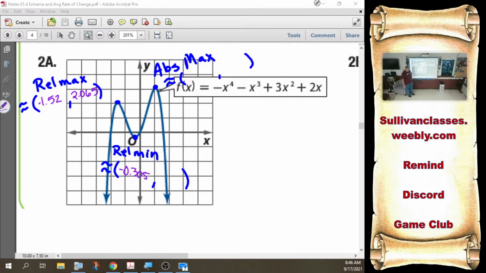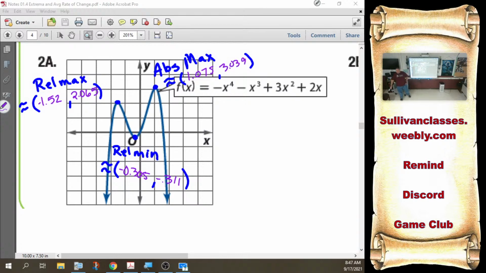Someone argue if you're not getting these. Okay, more, faster, louder. Negative 0.311. Absolute maximum. 1.075. 3.039.